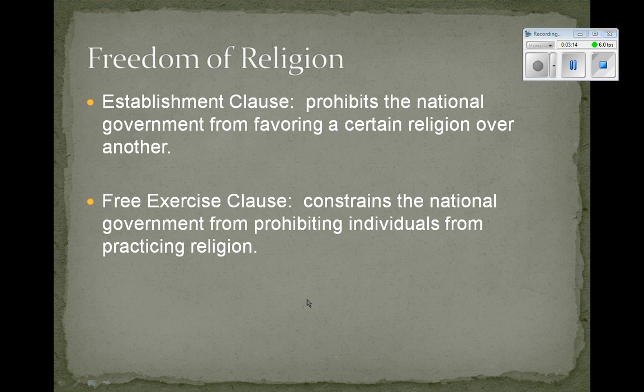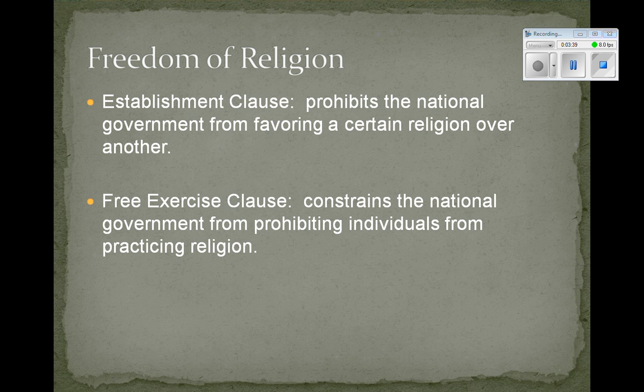Now, that's important because we also have the Free Exercise Clause, which basically says the national government can't constrain any form of religion from being prohibited or influenced as a result of the government. So those two clauses at times can actually run contrary.